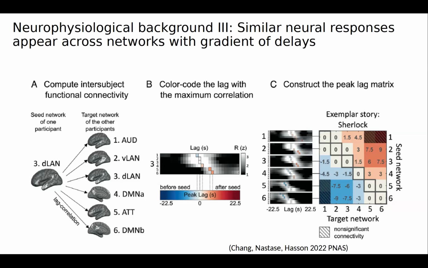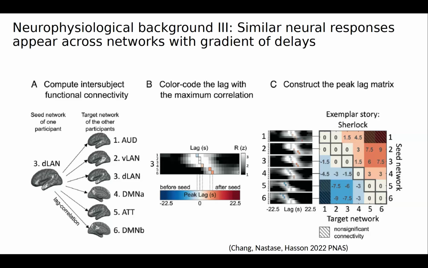And in this case, we're going to take activity in one area, the dorsal language area, and find the correlation between activity in this area and these other networks in the brain, find the maximum correlation, and then find at what temporal lag that correlation occurs. Is the correlation aligned in time, or does it occur after a certain delay?